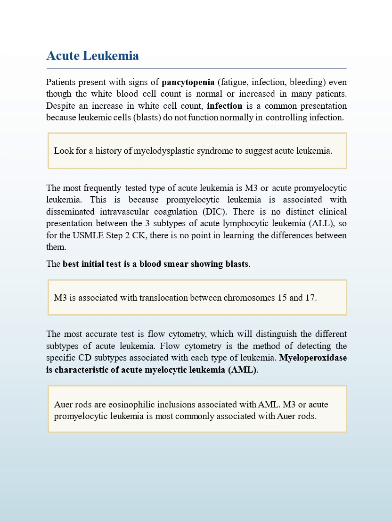There is a clinical tip here which states that the best initial test is a blood smear showing blasts. Another clinical tip is that M3 is associated with a translocation between chromosome 15 and 17.